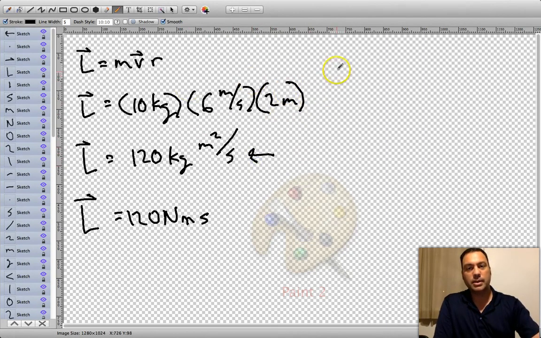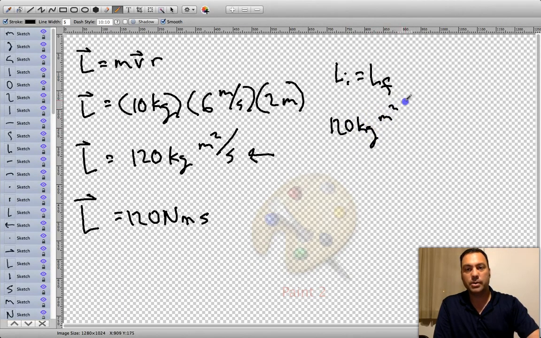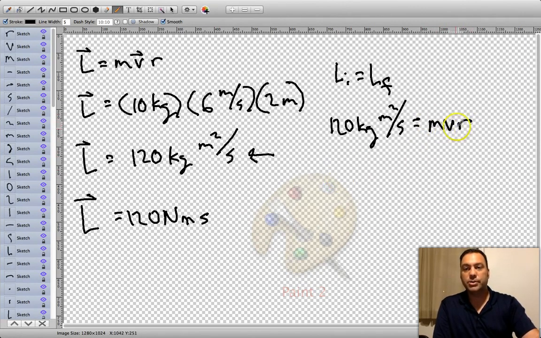So we know that the angular momentum is conserved, right? That L initial is going to equal L final. So we know that the initial angular momentum is going to be 120 kilogram meters squared per second. And we know that the angular momentum final is going to be equal to m v r. The only thing that has changed here is the r value, right?